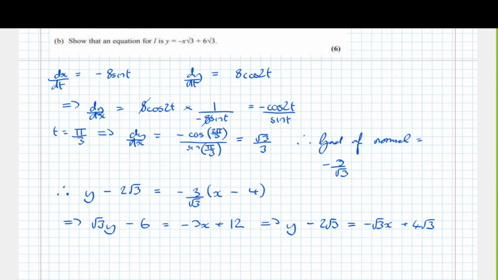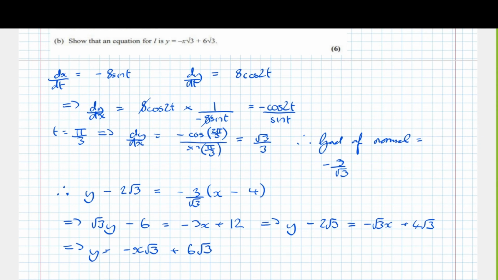So make it say y equals, which means that y equals minus x root 3, as required. Indeed, 4 root 3 plus 2 root 3 is 6 root 3. So we've got the answer.